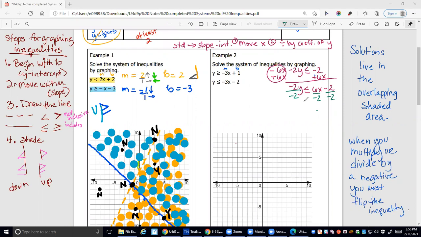So when I reduce that, that ends up being y, and I'm going to flip it so it's pointing the other way.